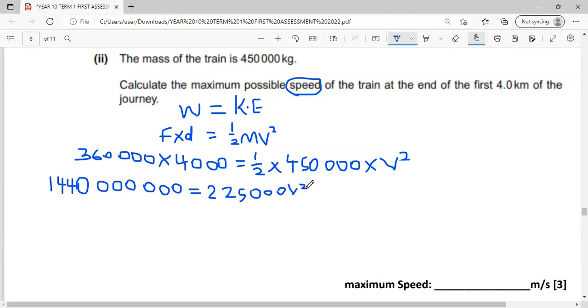Now you can see we want v squared to stand alone. So what will you do? You can divide both sides by the coefficient of v squared. So you divide this one by 225,000, and you also divide the expression on the left-hand side by 225,000.